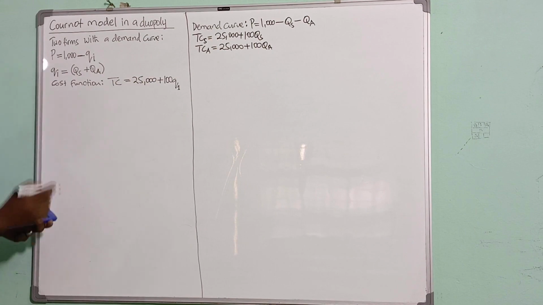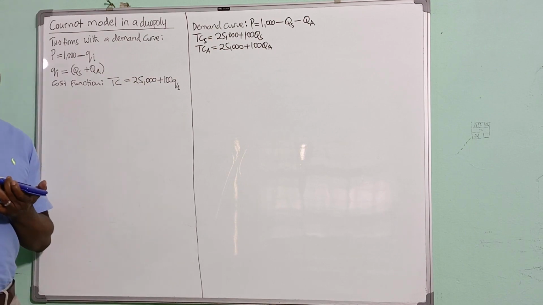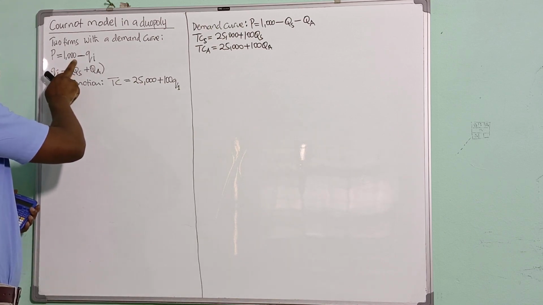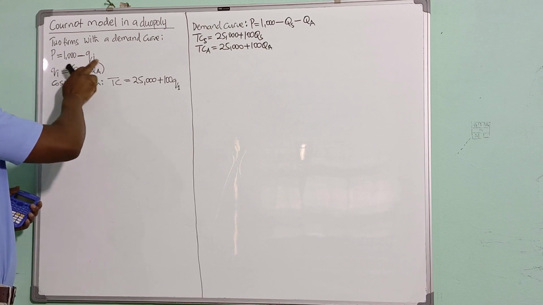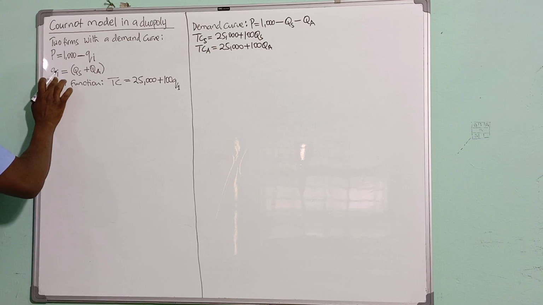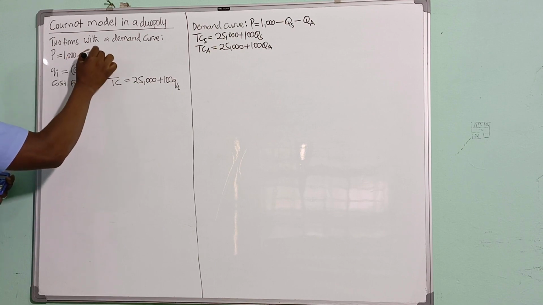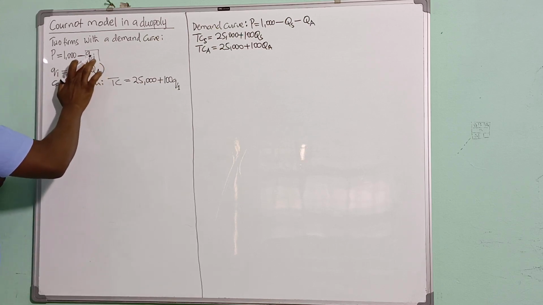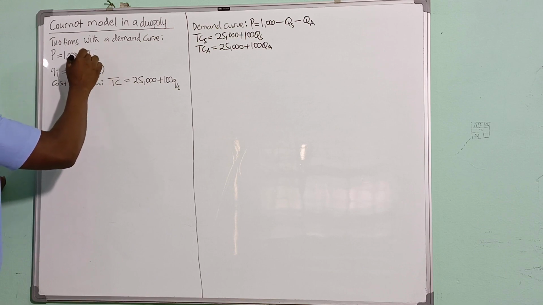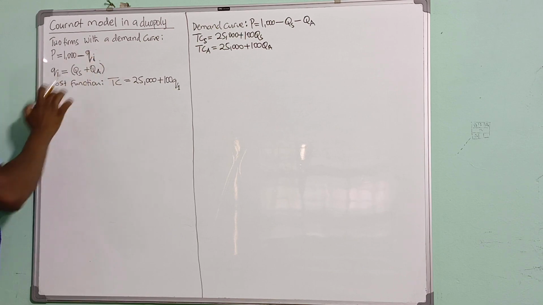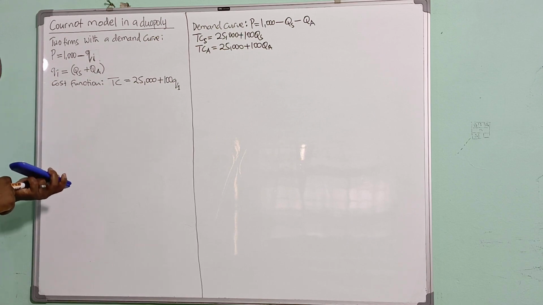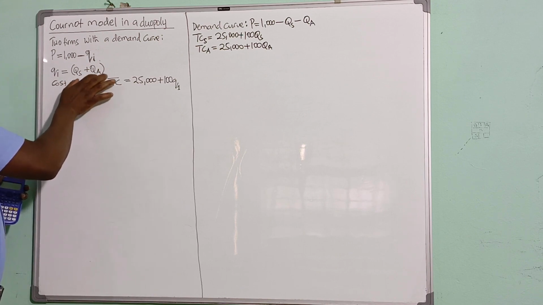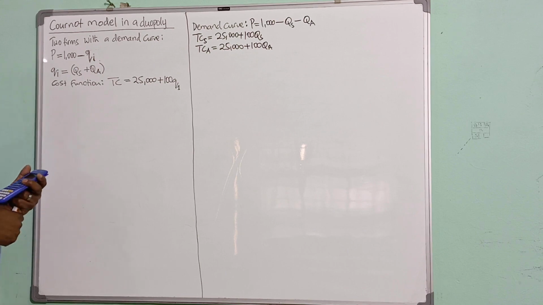Two firms with a demand curve: P is equal to 1000 minus Q, where Q is the total quantity for the two goods. Q is equal to the quantity for product S, Qs, plus the quantity for product A, Qa.